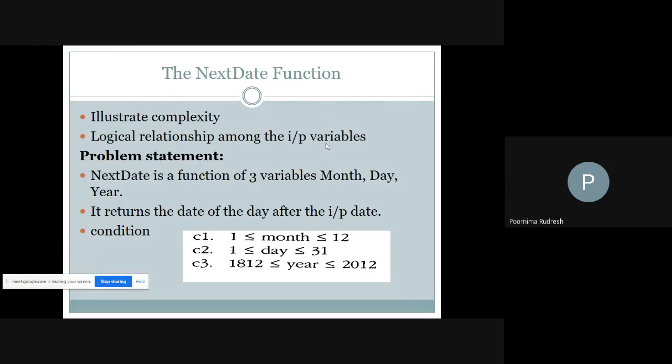Once we give the input date, it returns the date of the day after it. Here three conditions are specified for the month, day, and year. Normally, if you consider the year, how many months will be there in a year?